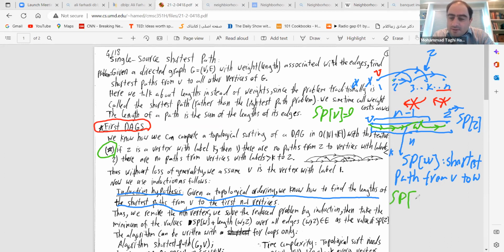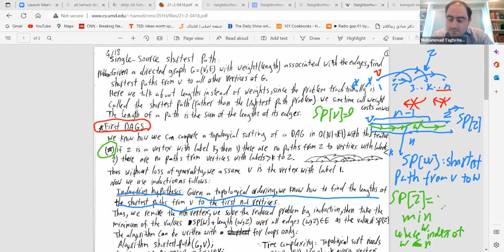SP of Z is equal to min over all W's where the index of W, by index I mean the topological sort index, is less than n in this case.